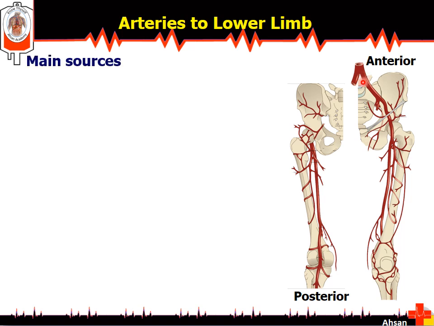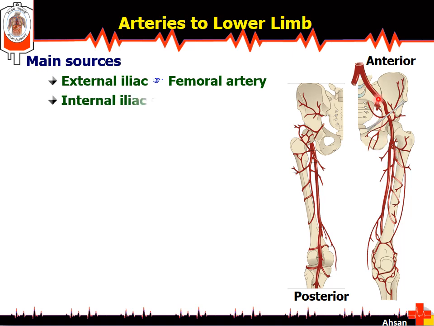So the main source of the lower limb is the external iliac artery. This external iliac artery continues as the femoral artery and subsequently gives branches and continues as other arteries. This internal iliac artery gives three branches to the upper part of the lower limb.